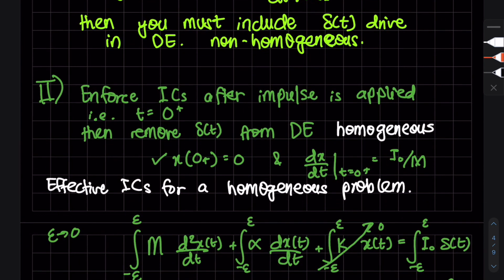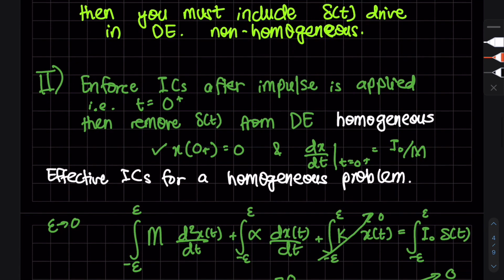In perspective 2, we put it right after the delta, so that the delta doesn't exist anymore, because the delta is spent at 0. It's just a spike. That's the thing with the delta. It's extremely localized, the most localized you can get. So after that, all we have left to remind us that there was a delta is the initial conditions it has caused. Since it's an impulse, it has caused the system to acquire a new velocity, not a new position, because the trajectory has to be continuous.